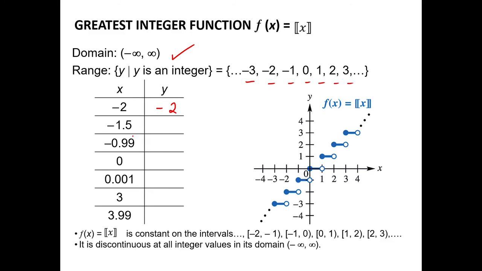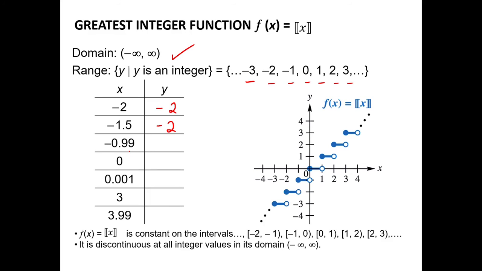If we plug in -1.5, the greatest integer that's equal to this or less is -2. So remember, we're looking for an integer that's equal to this number or less. We want to go to -2 because that's actually less than -1.5.